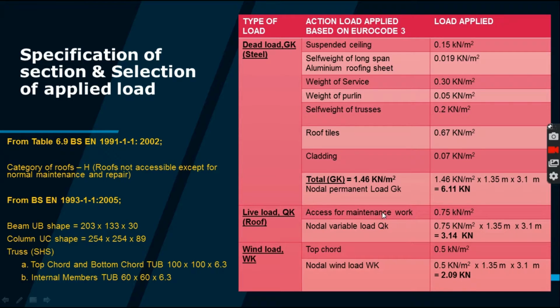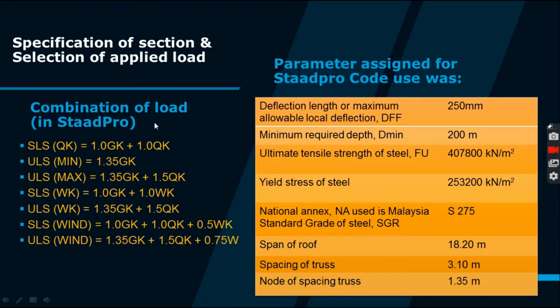The combination of load in STAAD, we have using 7 of the selection above, as you can see, SLS QK, ULS minimum, ULS maximum, SLS WK, ULS WK, SLS wind, ULS wind.